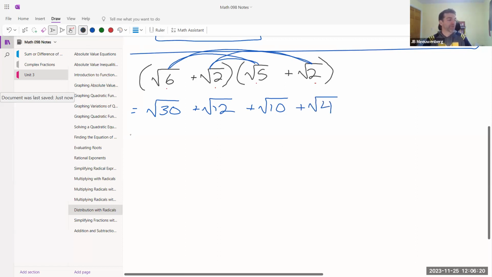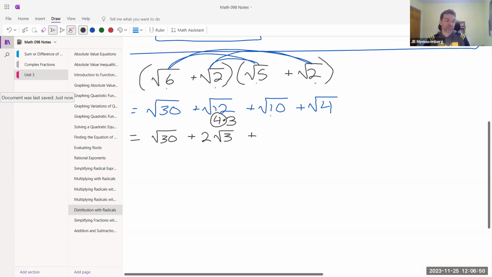And then we look to see if we can simplify any of these. 30 has no factor that's a perfect square, so it has to stay radical 30. Plus, well, 12 can be written as 4 times 2. I'm sorry, 4 times 3. 4 is a perfect square, so we can take its square root and pull it out front as 2, and the 3 stays in. 2 radical 3.